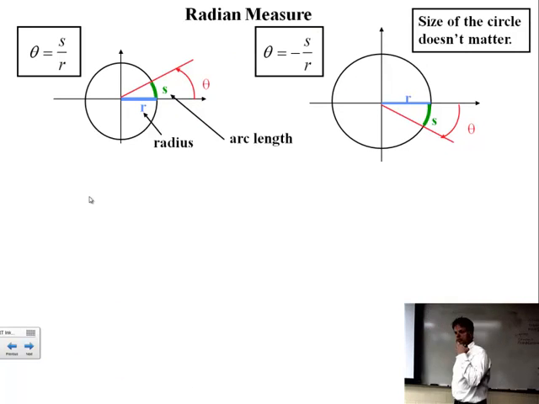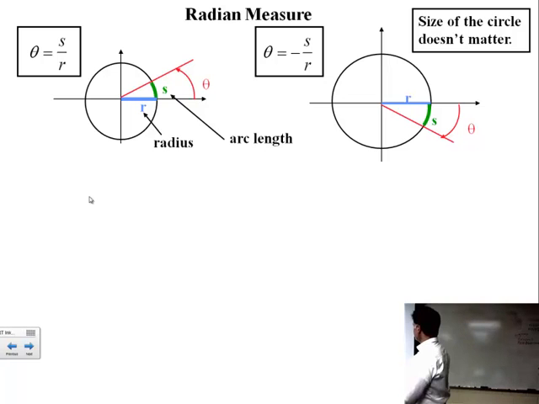The natural way to measure angles is called radian measure. There's also degree measure, which we'll get to, but degree measure is just more contrived. It's by convention. The mathematically natural way to measure an angle is called radian measure. Here's what we do. We draw a circle with some radius r around the vertex, around the origin in the standard position.